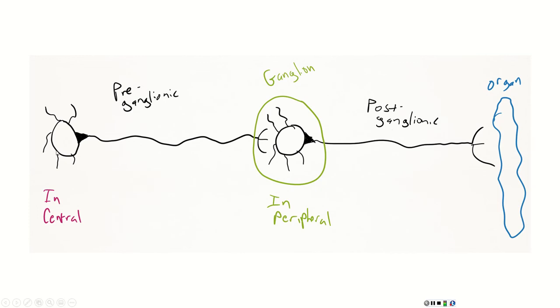The soma of the preganglionic will be found in the central nervous system. The soma of the postganglionic are in the ganglion itself, somewhere in the peripheral nervous system. And this is going to be the layout for the autonomic nervous system.